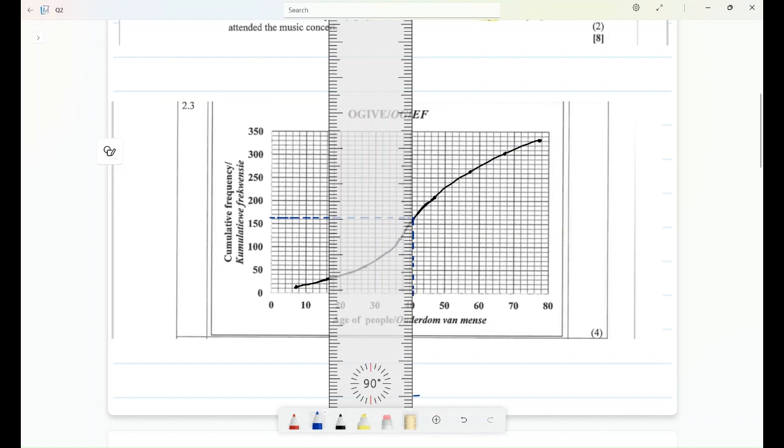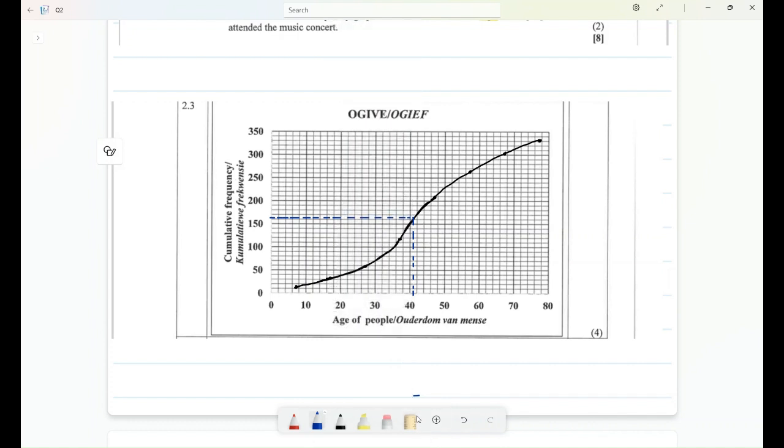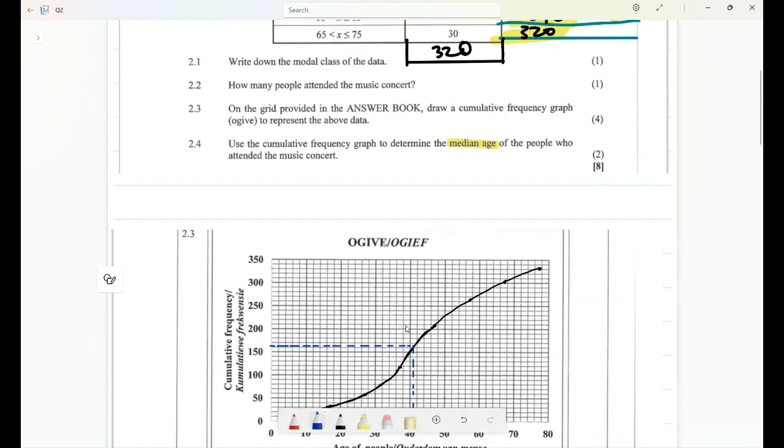Something like so. So let me erase this. Let's see. We get something like, if this is 42 here, this is 40. Can you see that the answer is more or less 41 days? Okay. Yes. So the answer is 41.